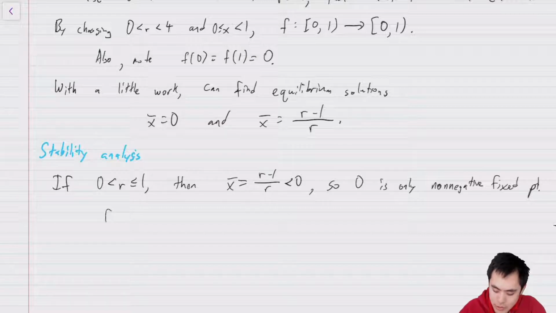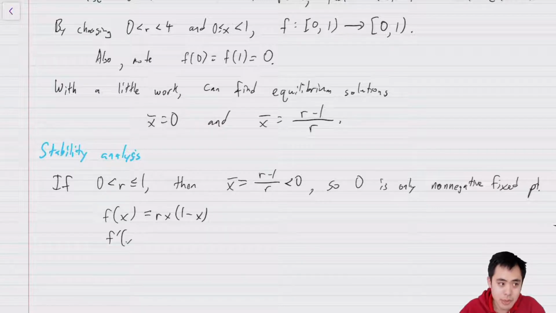Okay, well, and then how do we figure out whether it's stable or not? Well, f(x) = rx(1 - x). f'(x) = r - 2rx. And f'(0) is going to be equal to r.